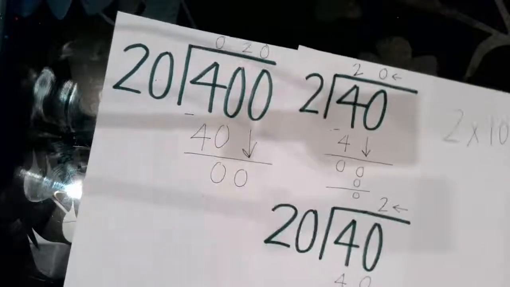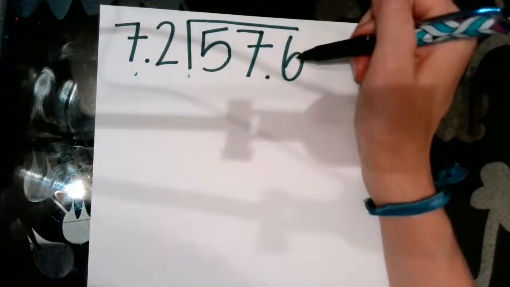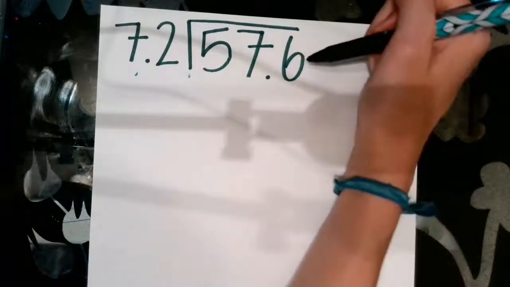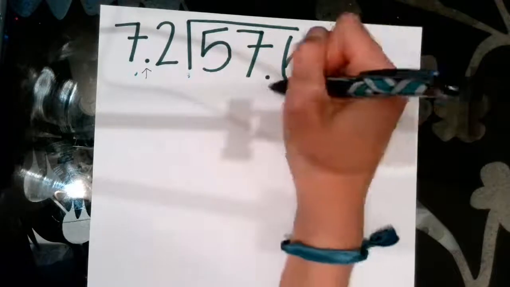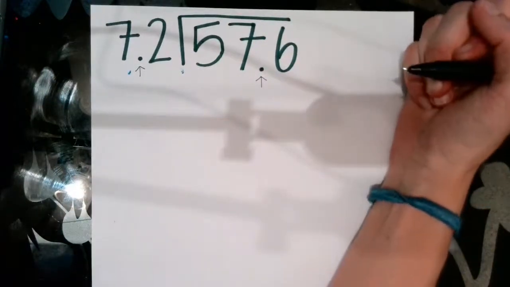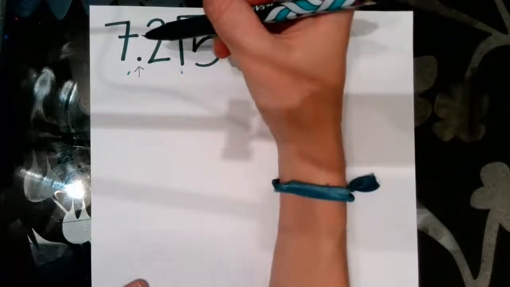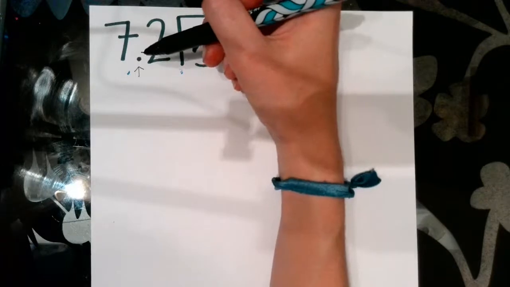So now let's apply this theory to our original problem: 7 and 2/10 dividing 57 and 6/10. Before we do this, I don't like decimals, so I need to find a way to get rid of the decimals, especially in the divisor, the number we are dividing by.